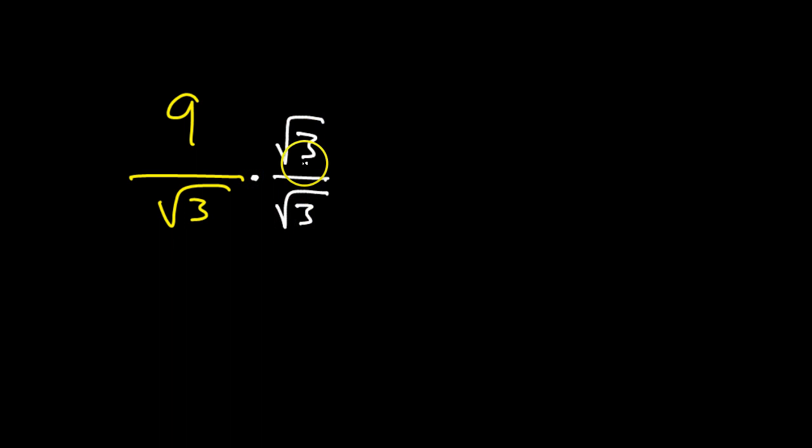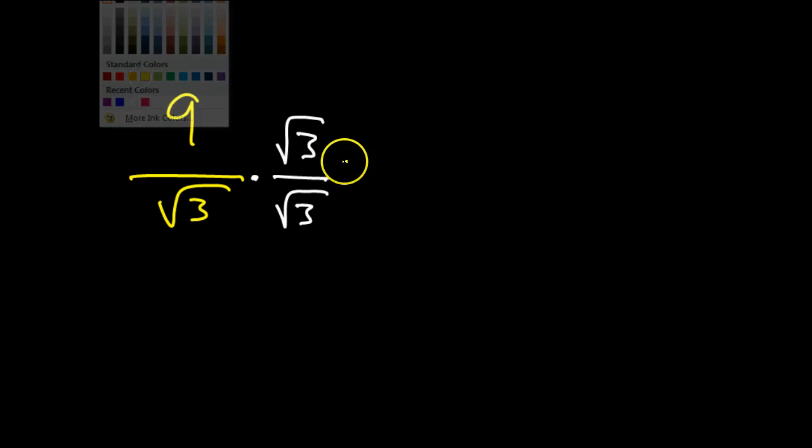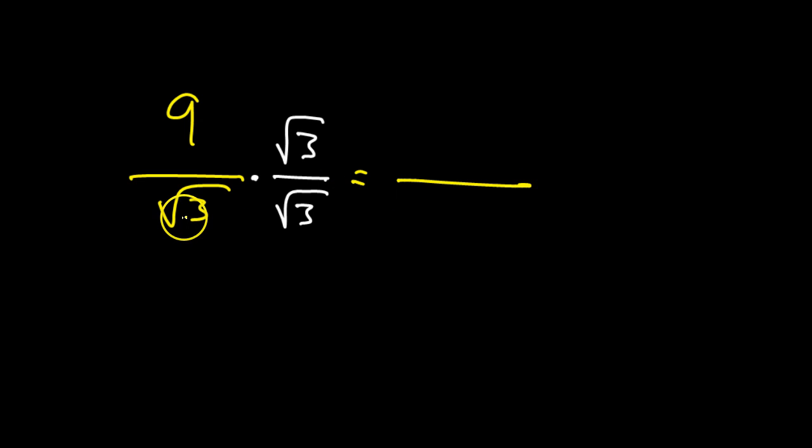And it's okay to do this because anything over itself is just 1, and multiplying by 1 doesn't change the value of the expression. But if I do this, then what I get is radical 3 times radical 3 is just 3. And then up here I have 9 times radical 3. Well, that's just 9 radical 3.